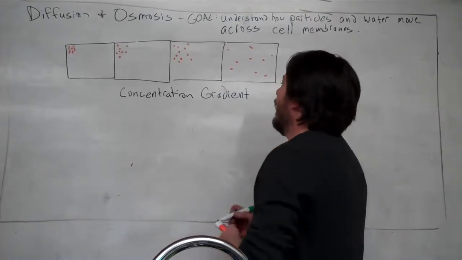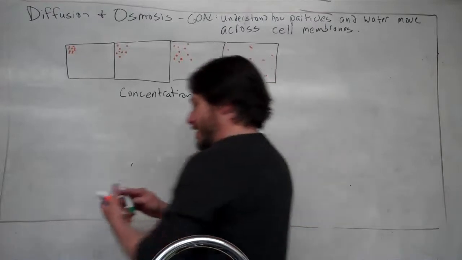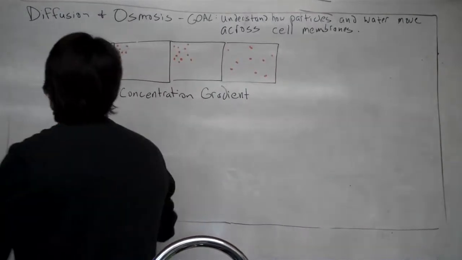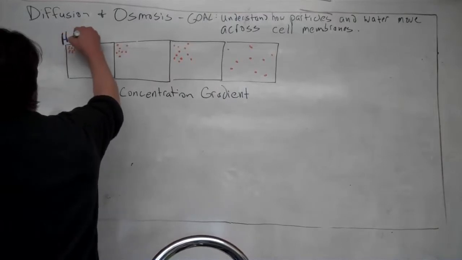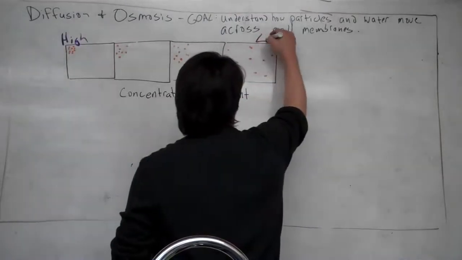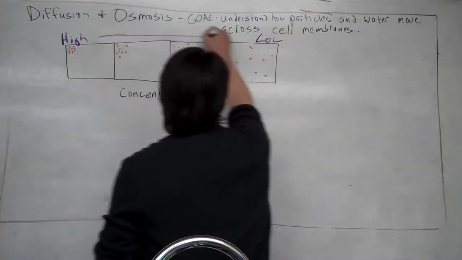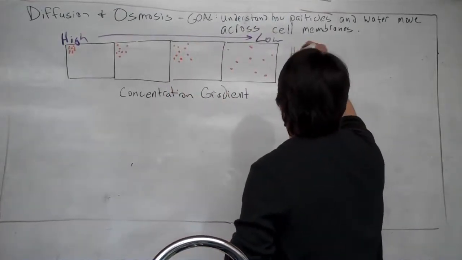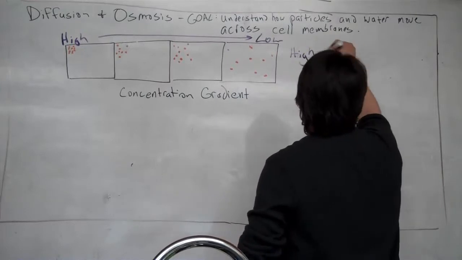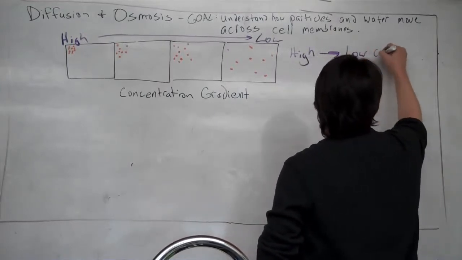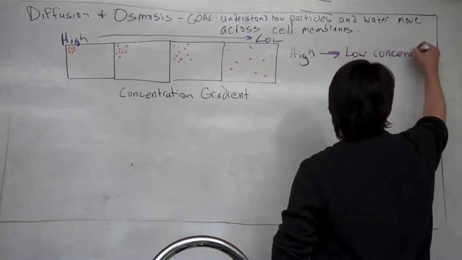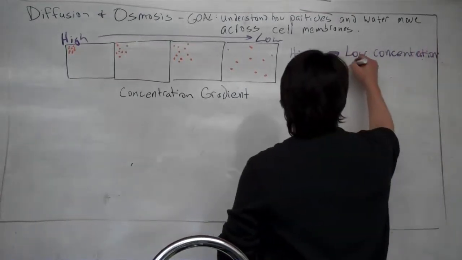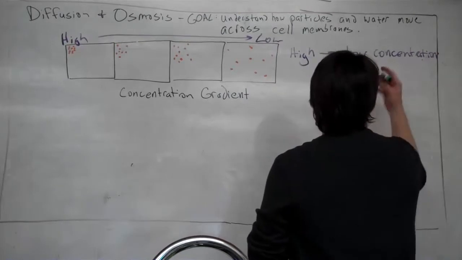Yep, you forgot. So concentration gradient goes from high concentration to low concentration, right? And that's the natural order of things. High to low concentration is normal.